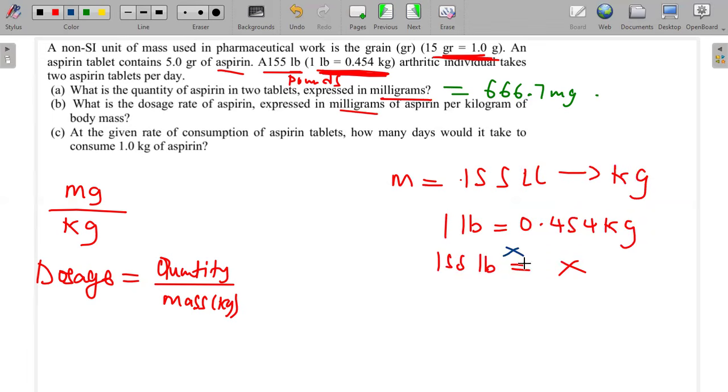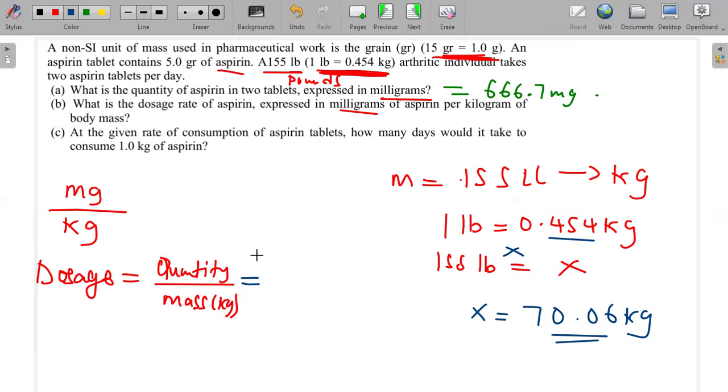So cross multiply: x multiplied by 1, that will be x equals 155 multiplied by 0.454. So I'm going to get 70.06 kgs. So the mass of that individual in kgs is this.